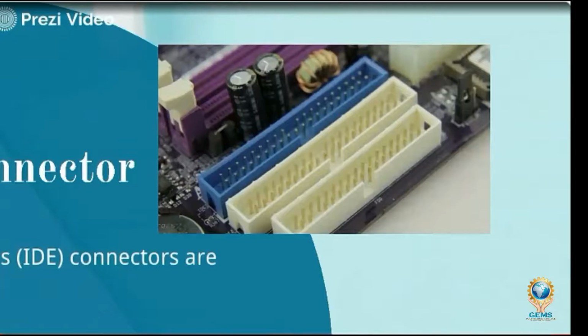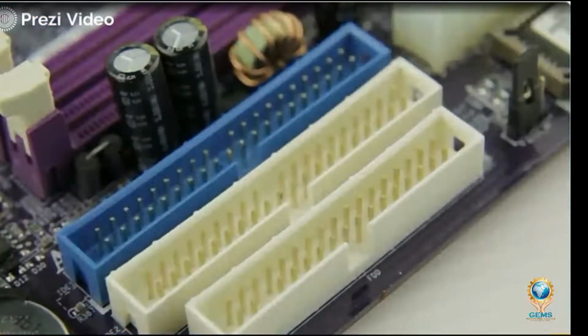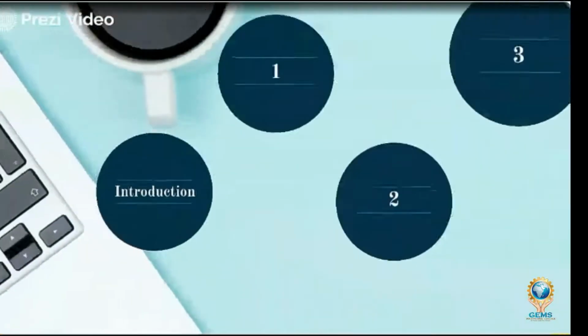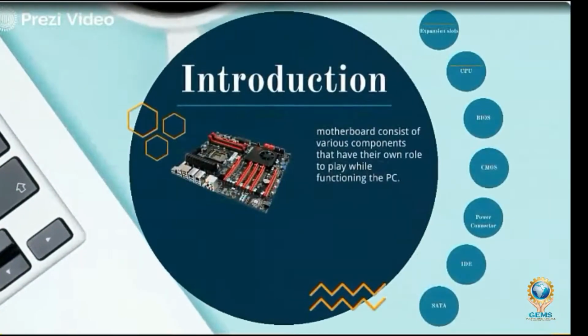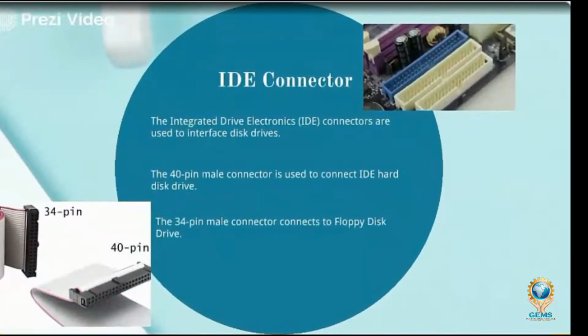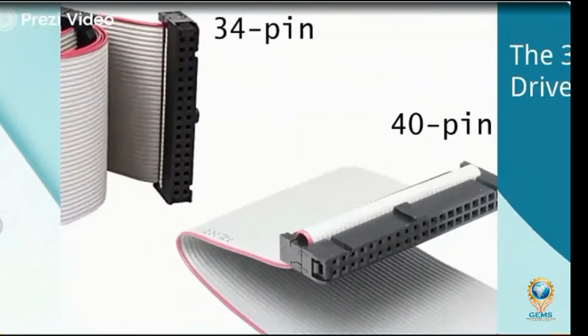Here we see the 34 pin or 40 pin male connectors, which are connected by a belt-like cable, which has many female ports. The left one has 34 pins and the right one has 40 pins.